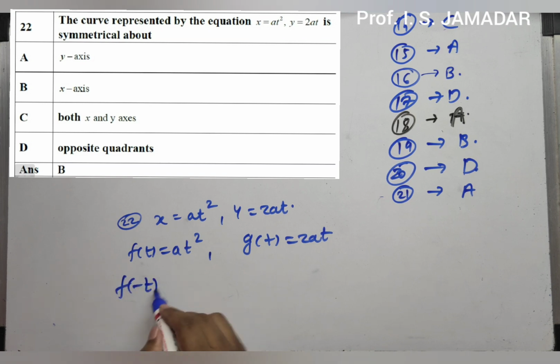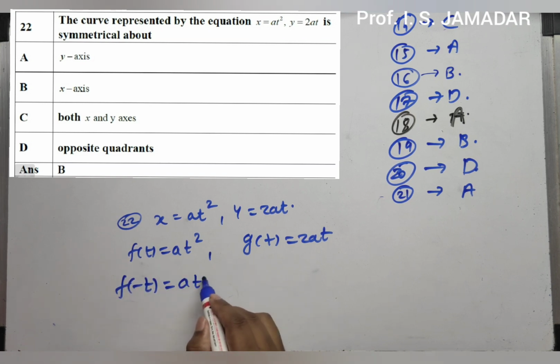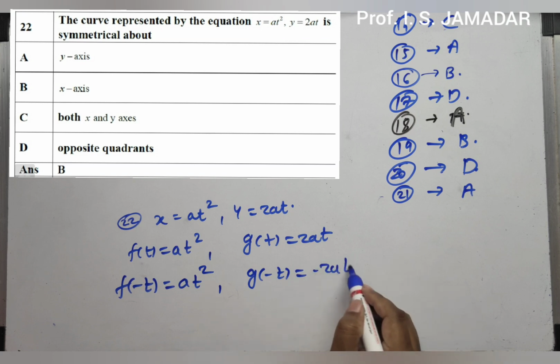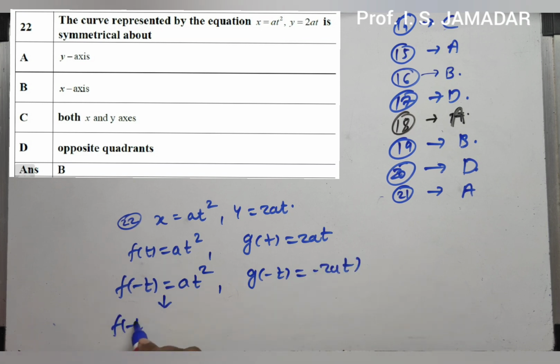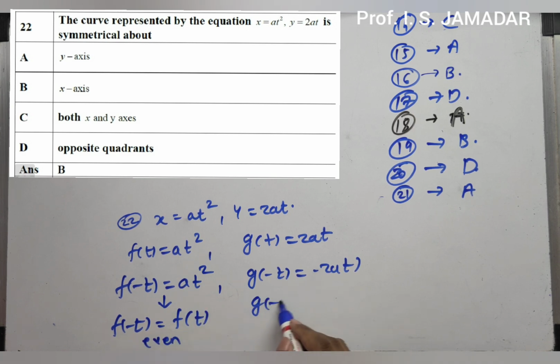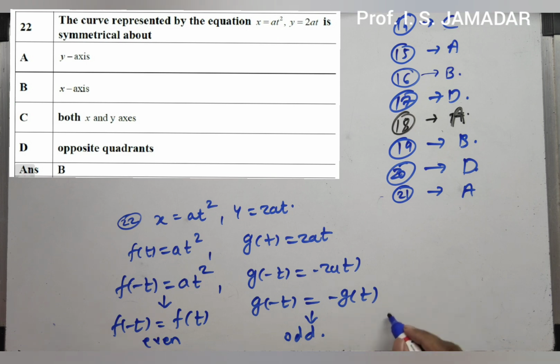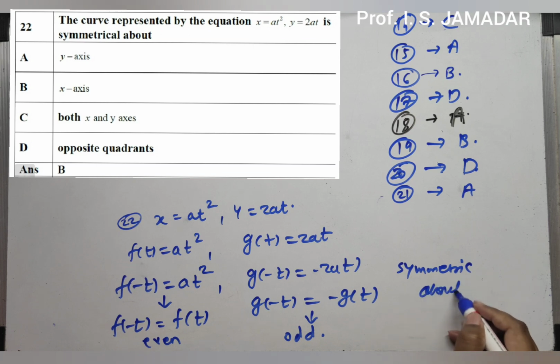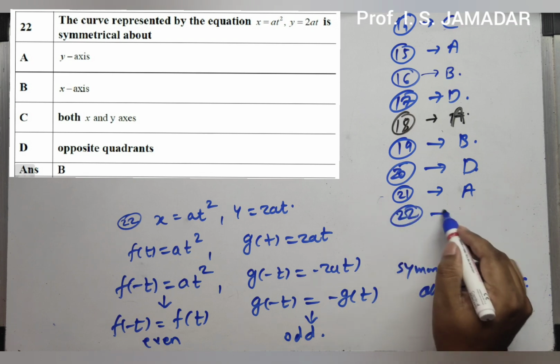What is f of minus t? f of minus t is at square, the same, because of the even power, a times minus t square will be a times t square, and g of minus t is minus 2at. So f of minus t is the same as f of t, meaning f is even, and g of minus t is minus of g of t, meaning g is odd. So f even, g odd, it means the curve is symmetric about the x-axis. So option B is the answer for question number 22.